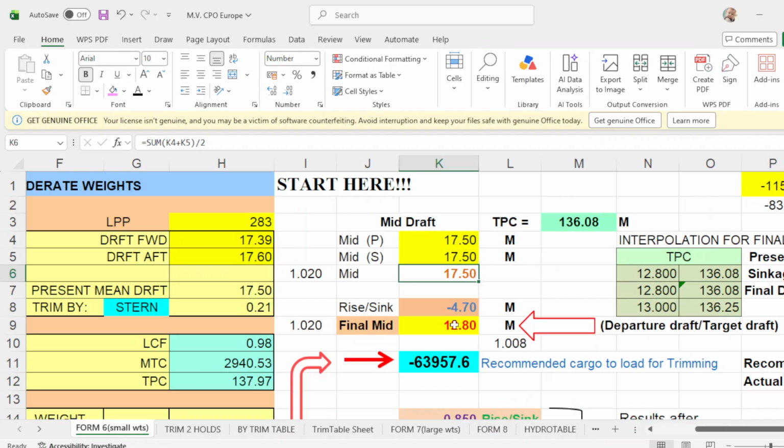Put here 1786, your final departure. And your density at berth is 1.025 until completion. 1.025. Okay? 1786.